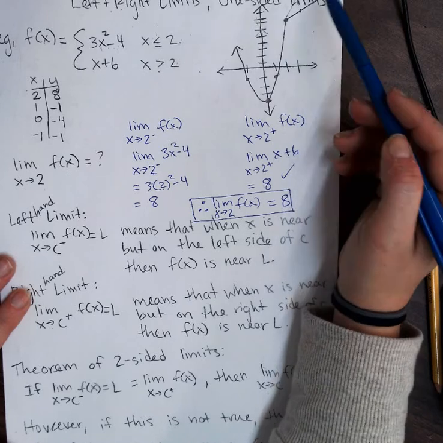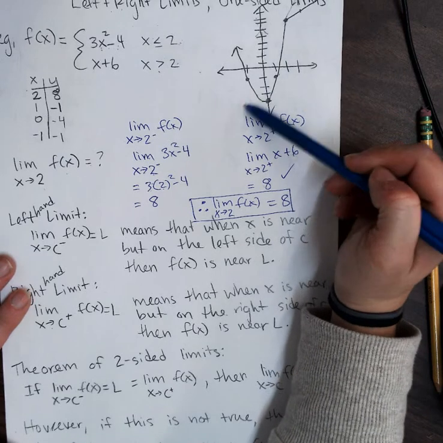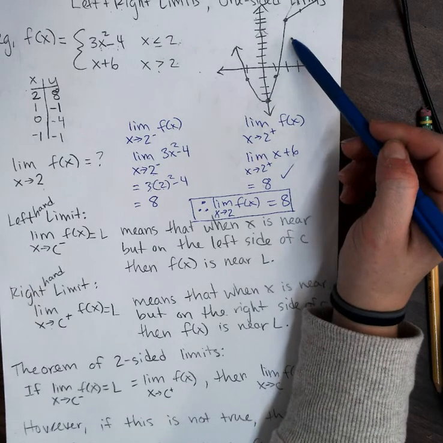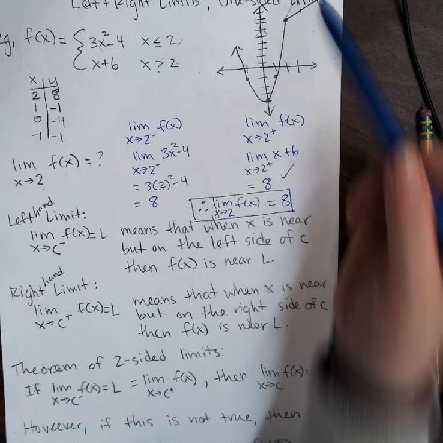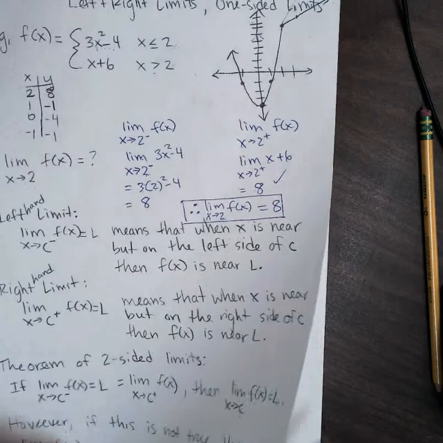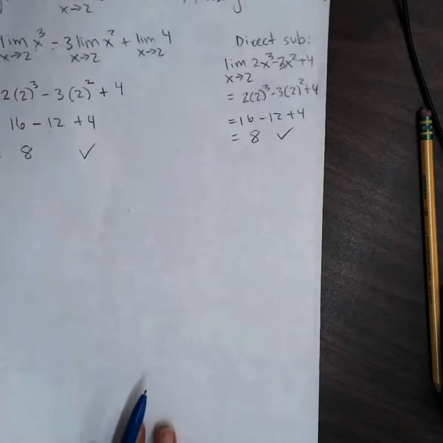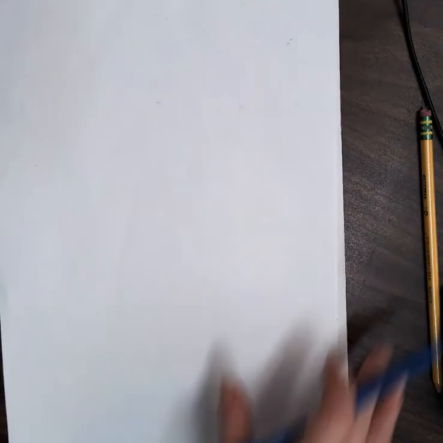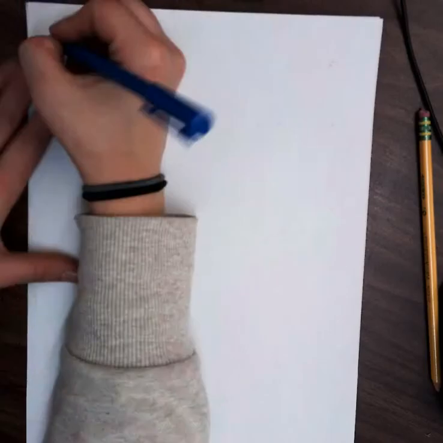So let's do an example now where there's a hole in the graph and see what happens. So let's talk about what happens when we have a hole. So here's example number 2.